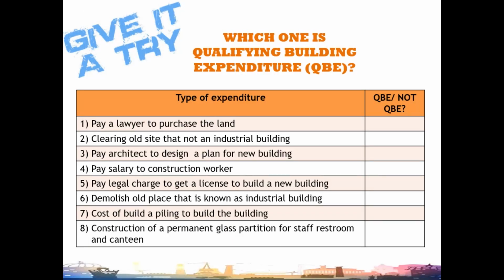Okay students, let's give it a try to see whether you can identify which one is qualifying building expenditure and which one is not. So let's have a look. Number 1, pay a lawyer to purchase the land.